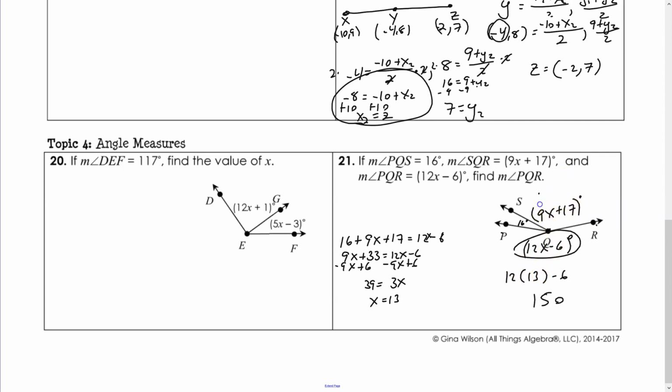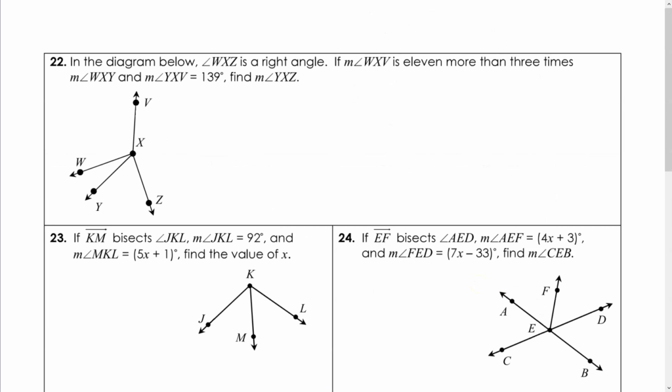And 117 and 17 is 134. And when you add 16 and 134, you get 150. So the measure of angle PQR equals 150 degrees. And that's your final answer. It's the way it should look. Degrees, notation, full credit.